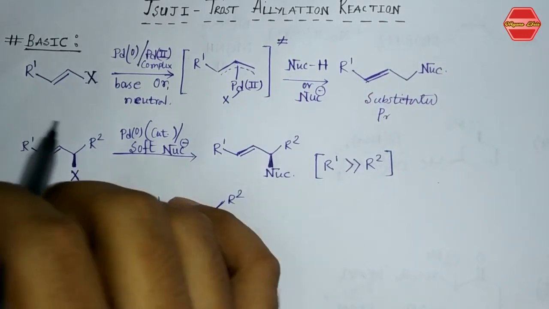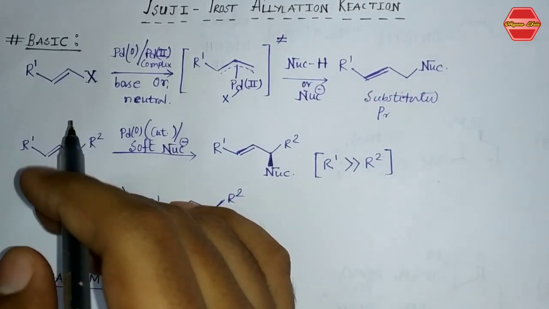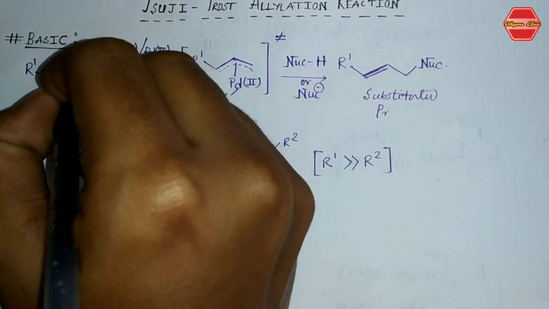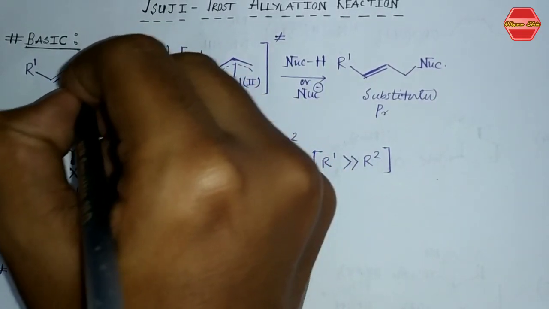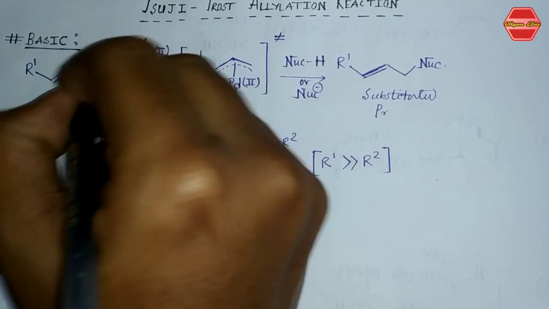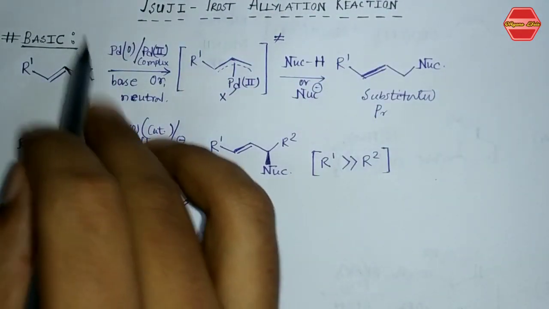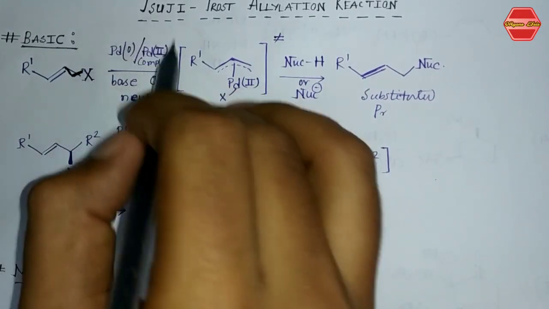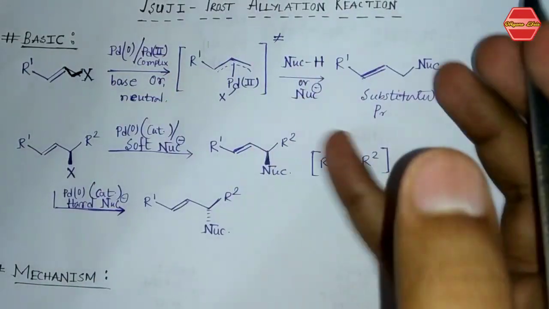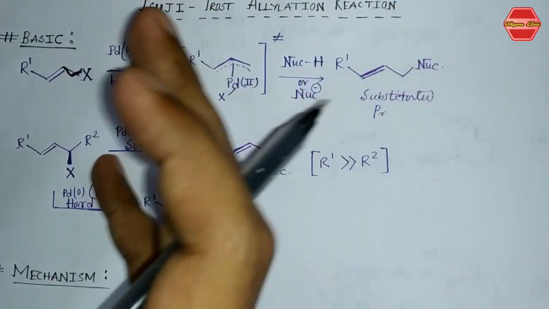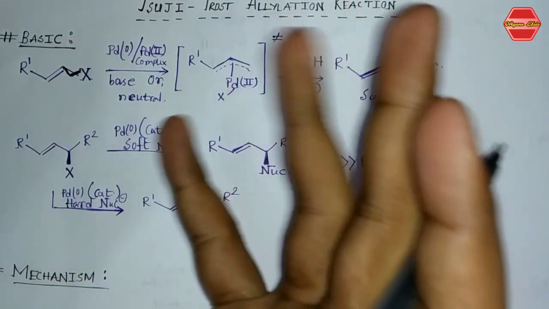Now, the basic thing about this reaction is that if you have a compound like this, I have missed one more CH2 unit here. If you have this allyl compound with CH2X and you put it into palladium 0 or palladium 2 complexes, it can be used in the presence of base or under neutral conditions.